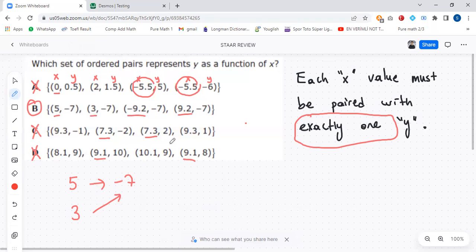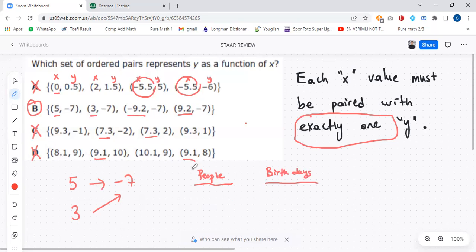So guys, I usually use this method while I solve these questions. So the inputs, the x values, are always the people, and the y values are the birthdays. I mean, days of the week.